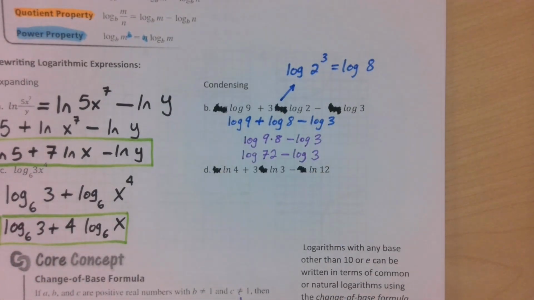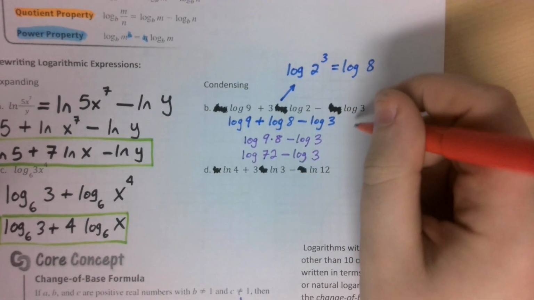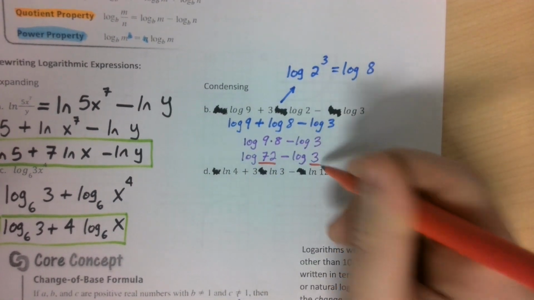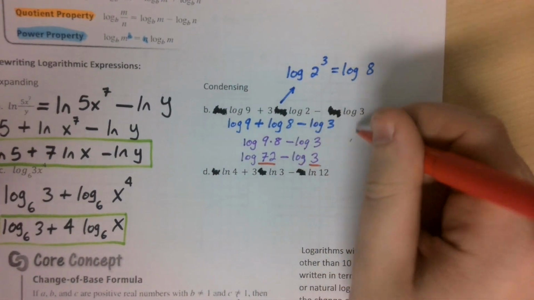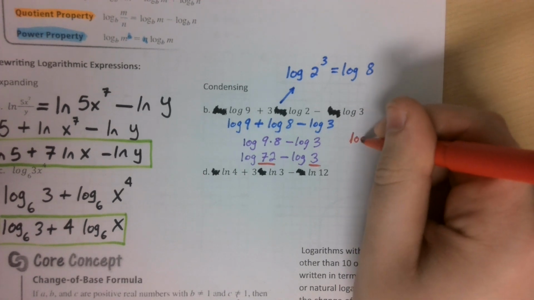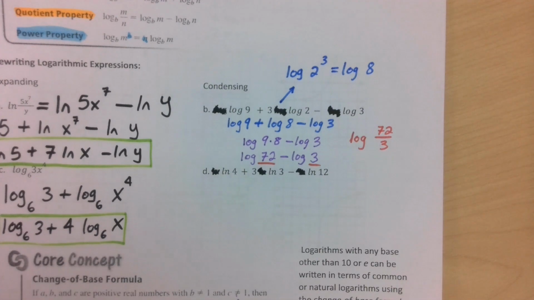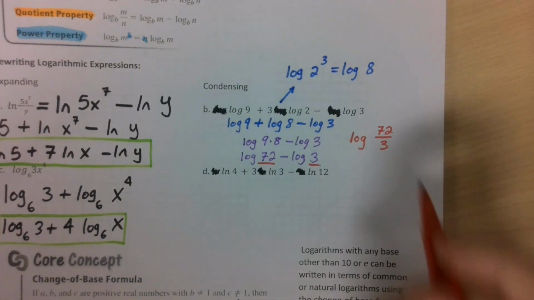And how can we combine these two logarithms if they're being subtracted? Well, if they're being subtracted, we can write them as a quotient. Basically, put the first one as your numerator, and the second one as your denominator. So log 72 minus log 3 is the same as log 72 over 3. And is 72 divisible by 3?